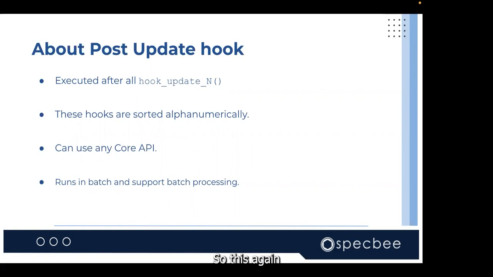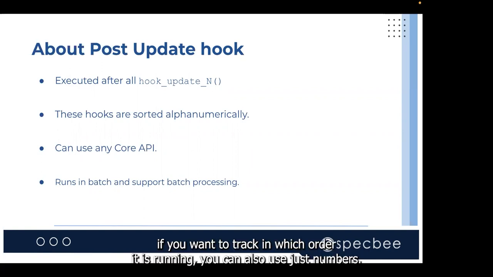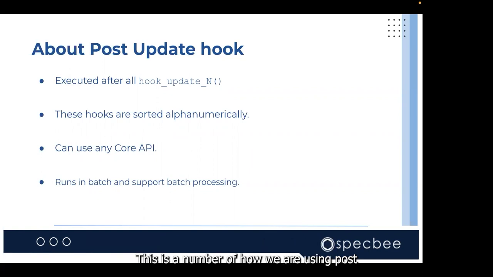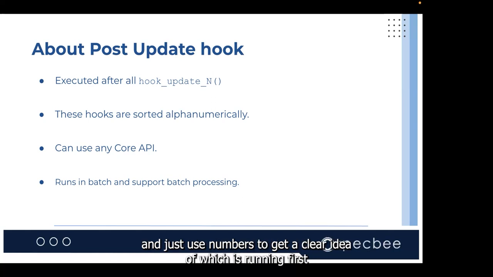This again runs in sorted order, alphanumerically. If you want to track in which order it is running, you can also use just numbers, similarly to how we used them in update hooks. You can avoid using letters and just use numbers to get a clear idea which hook is running first.